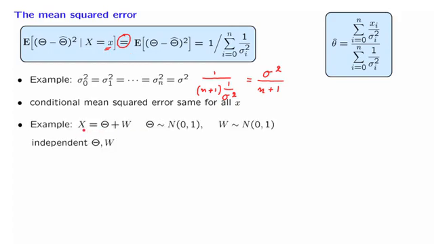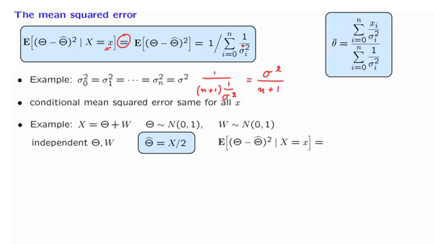So let us revisit the very first example that we studied, in which we only have one observation, and where theta and w are standard normal random variables. We did go through that example, and we found that the maximum a posteriori probability estimator was 1/2 of the observation. And now we are in a position to also calculate the conditional mean squared error given any particular observation.